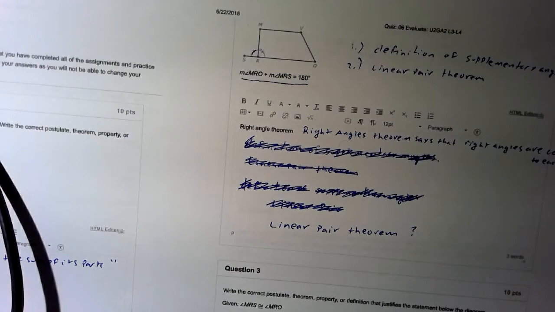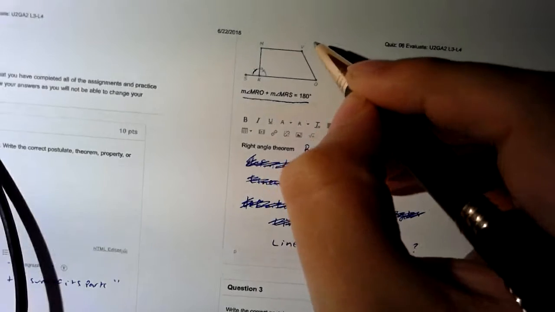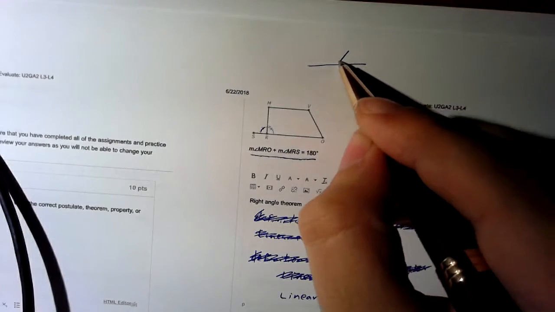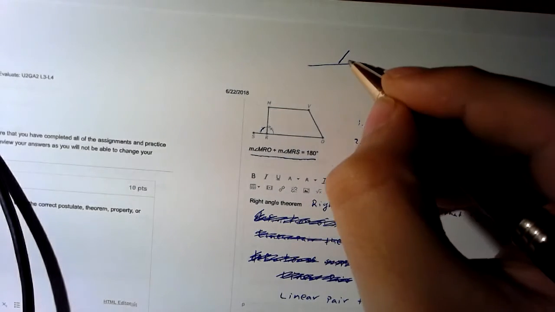Linear pair theorem just states that if you have two angles that form a linear pair, and before I finish that, let me talk about what a linear pair means. Linear pair looks like that.